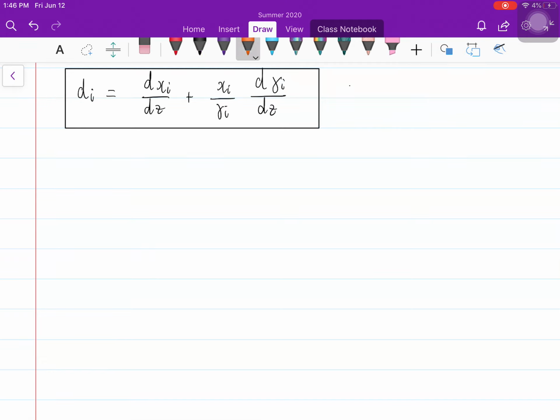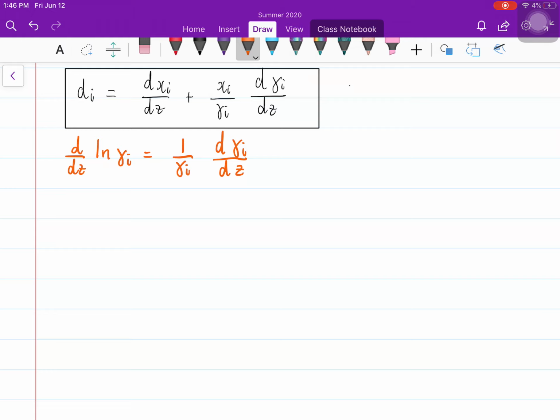So now let's take a look at this derivative. This is the derivative with respect to position of the natural log of the activity coefficient of i. Using the chain rule, we would have that equal to 1 over the activity coefficient of i times the derivative of the activity coefficient of i with respect to position.